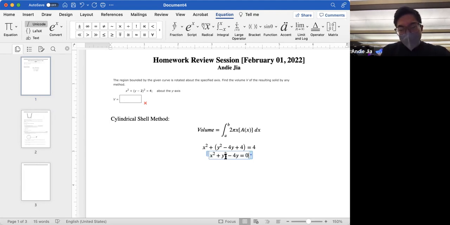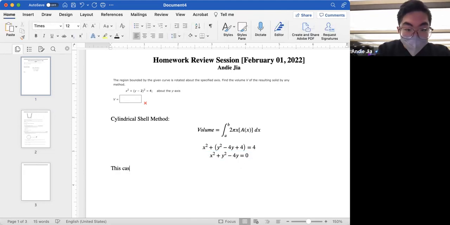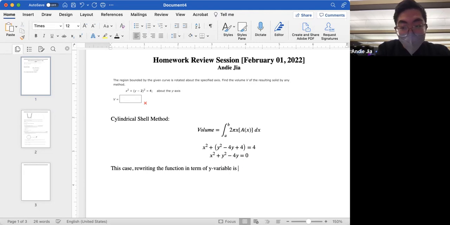Well, in this case, writing it in terms of y is better, because we have an x squared and a y squared, so we need to modify a bit.